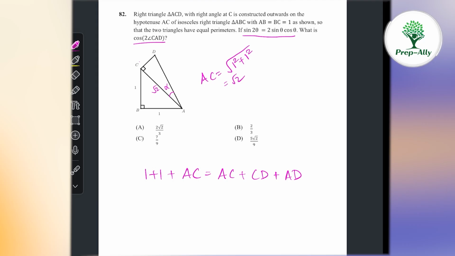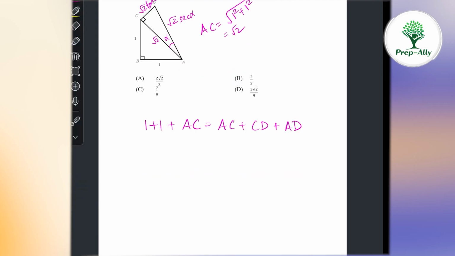CD is root 2 tan alpha, and AD is root 2 sec alpha, right? And we can cancel AC out here, so we have 2 equals root 2 tan alpha plus root 2 sec alpha.